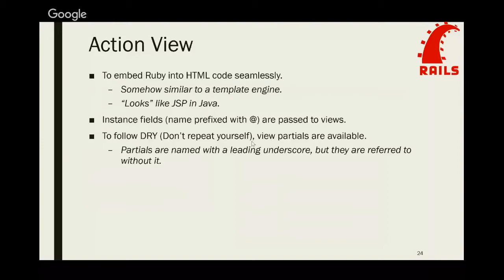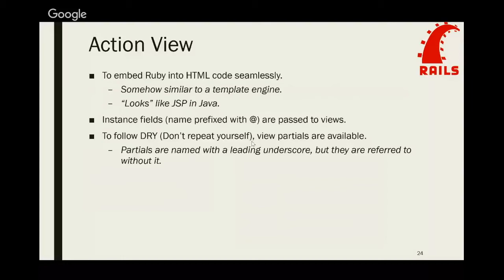And then to pass something from the controller to the view, just like in PHP, let's say in the login form, if you still remember, you need to pass some error message from the controller to the login form, right? The same applies to Ruby. All the instance variables are passed to the views because they're still object oriented.